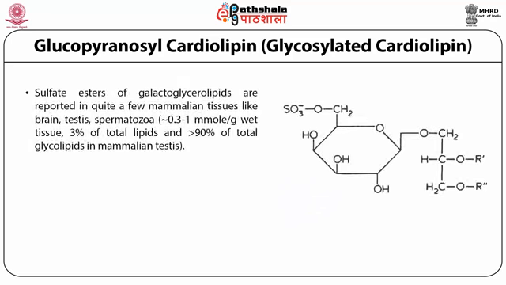Sulfate esters of galactoglycerolipids are reported in a few mammalian tissues like brain, testis, and spermatozoa.